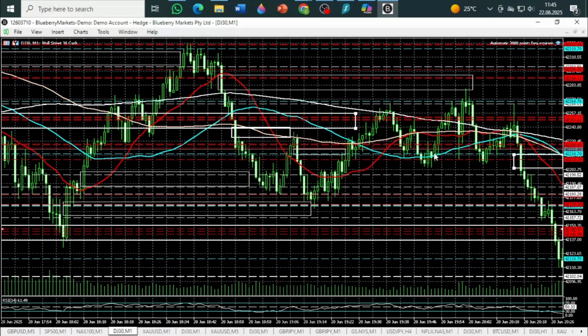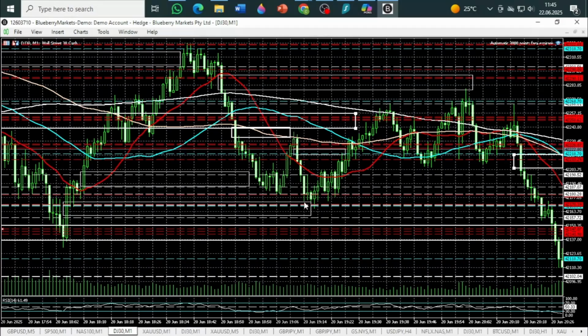Okay, we have a pullback here, a high, low, starting from here, and the final of the trend is here at the level of this fair value gap.